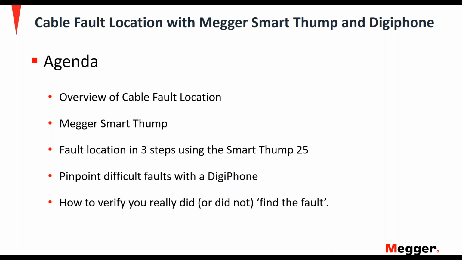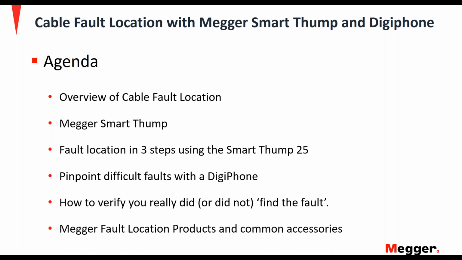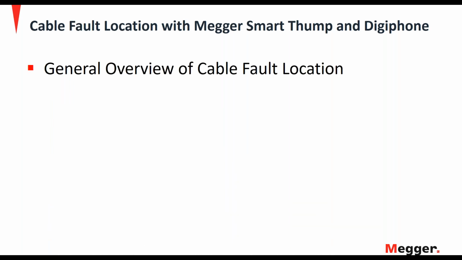We'll work a little bit on how you verify whether you did or did not find the fault distance. And we'll wrap up with a little bit of Megger fault location products and common accessories, followed by the question and answer session.